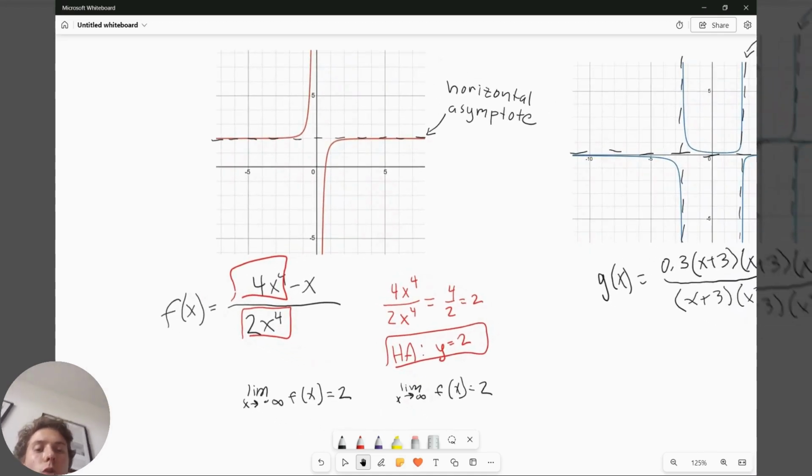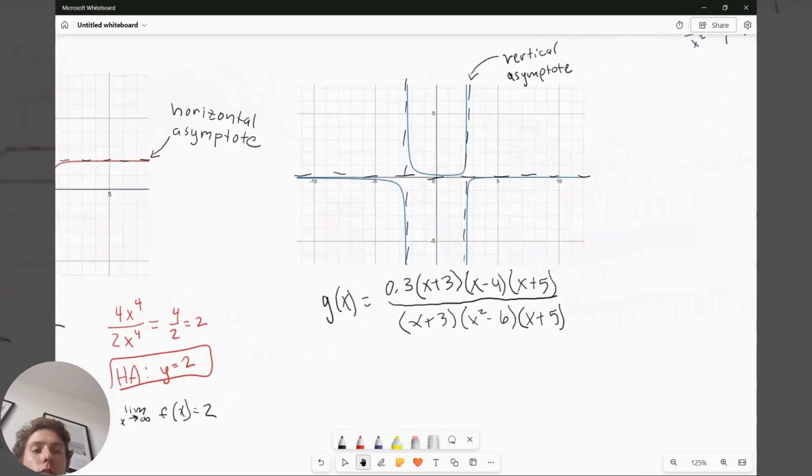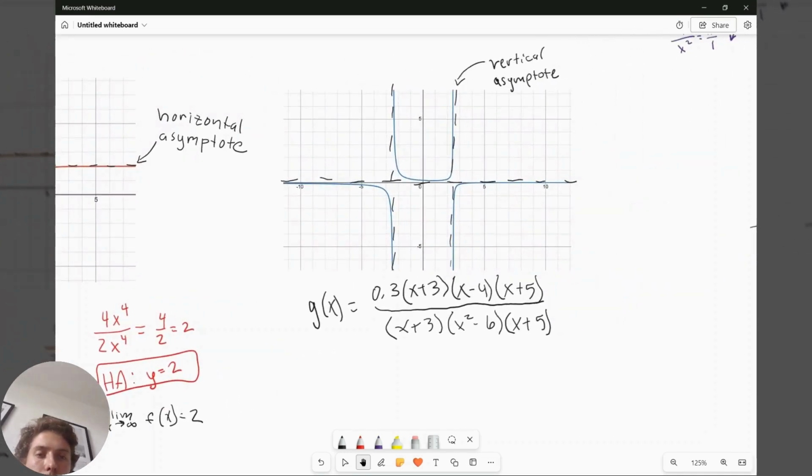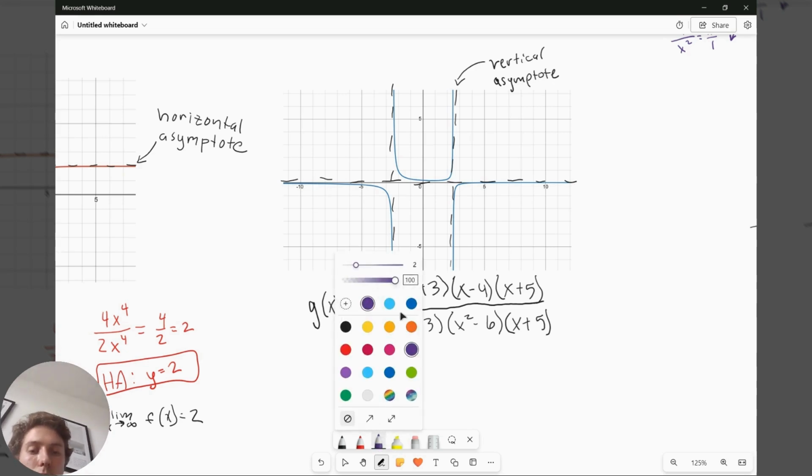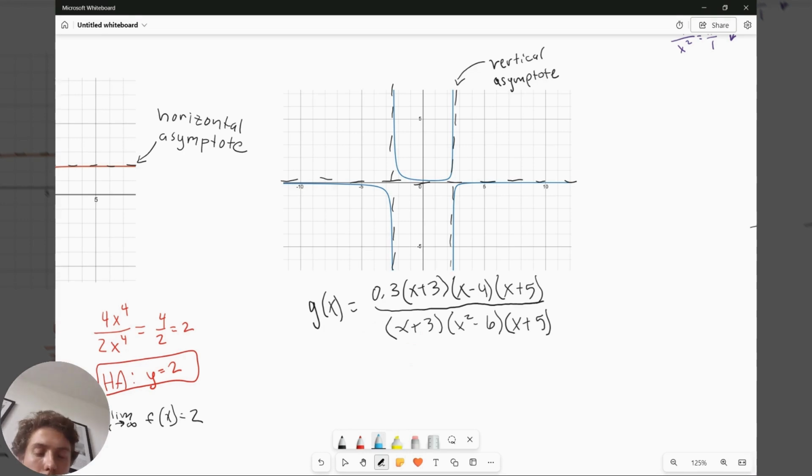When the degrees are the same, we use the ratio of their coefficients. Next case. This function's a little bit more complicated for us to analyze. The reason is I can't just look and find my leading coefficient right now, or my leading terms, I should say. Well, let's start to break this down.